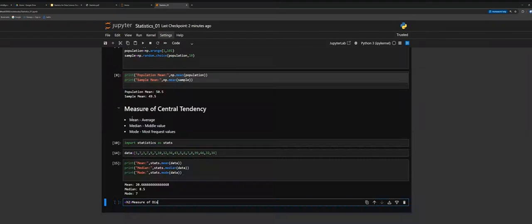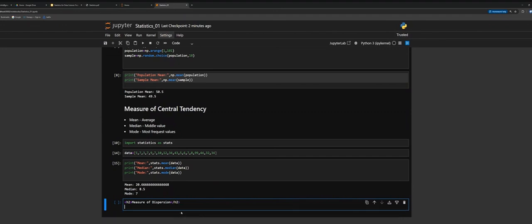For three M's, to remember, you can say M3: mean, median, mode.